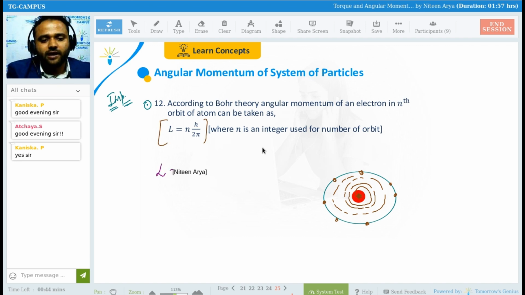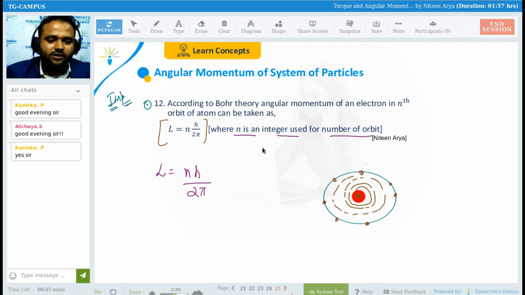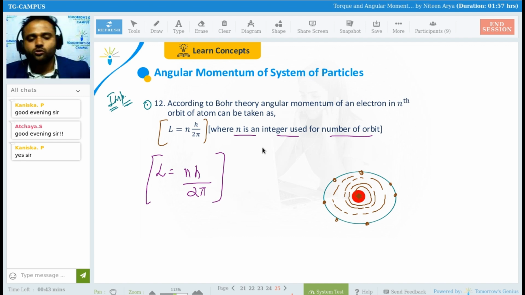L, which is the angular momentum of an electron revolving in an atom, is going to be nh cut, or you can say it is going to revolve in a fixed number of orbits or shells, which is related to nh upon 2 pi, where h is the Planck constant and n is an integer number. Okay, so these are basically known as stationary orbits.